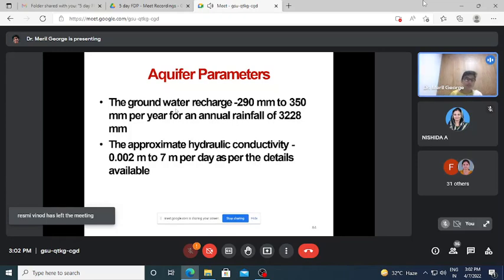The groundwater recharge varies from 290 millimeter to 350 millimeter per year for an annual rainfall of 3,228 millimeter. The approximate hydraulic conductivity of field soil was varying from 0.002 millimeter to 7 meter per day as per the available details.